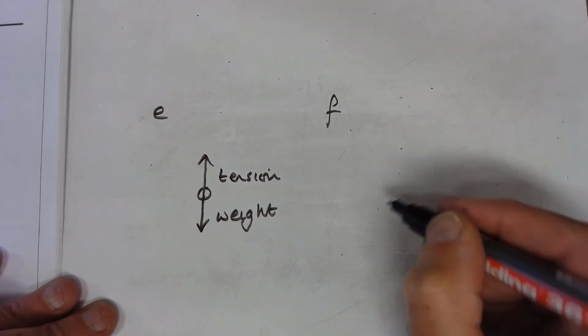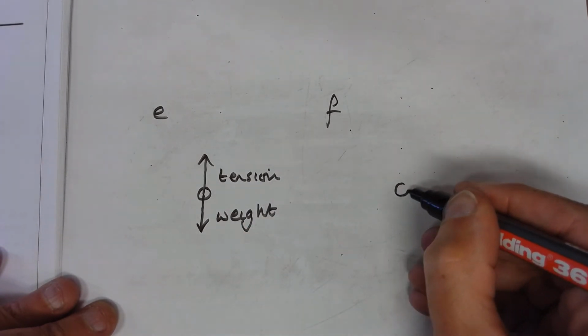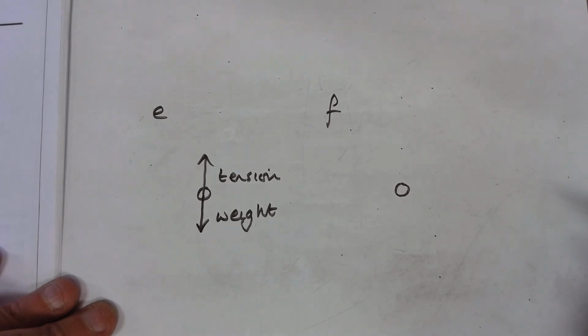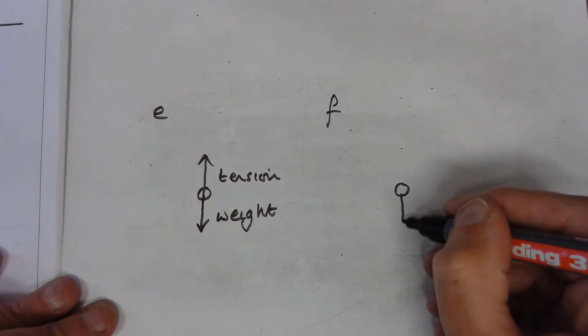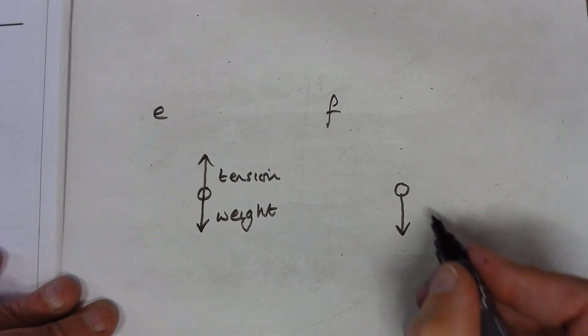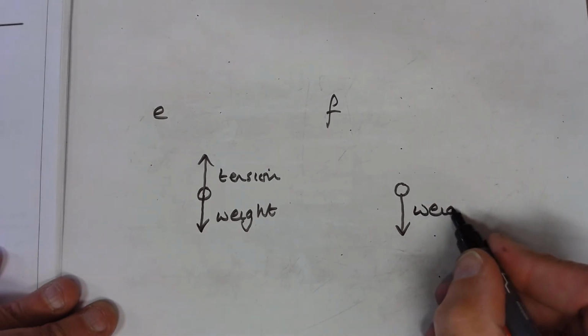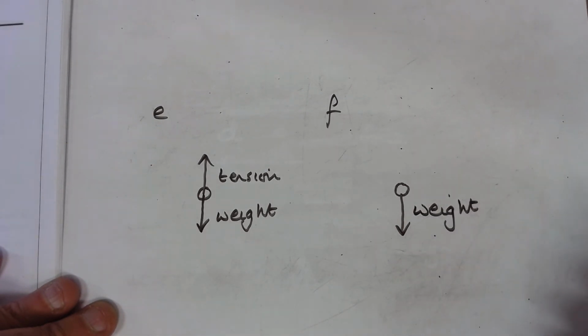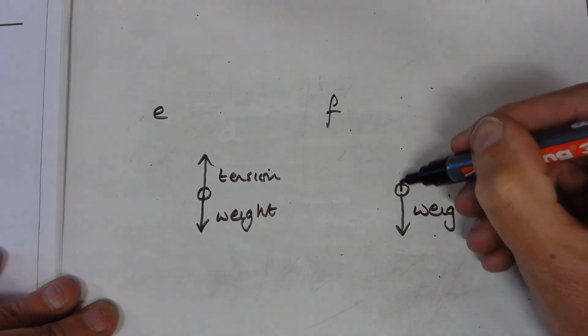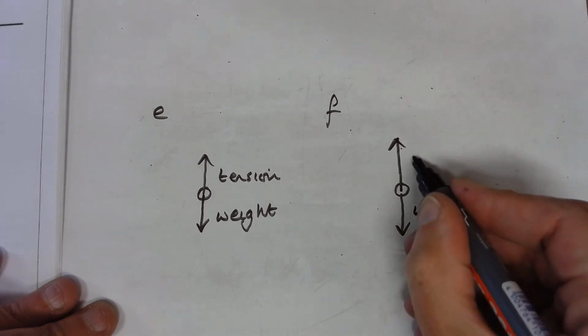And then for the baby, again, the same principle, a nice circle. The weight of the baby produced by gravity, acting on that mass, and a tension force acting upwards.